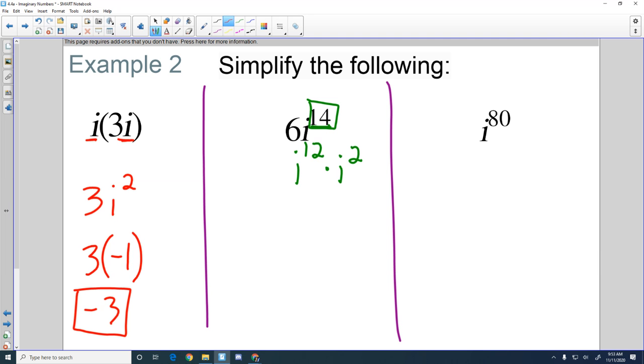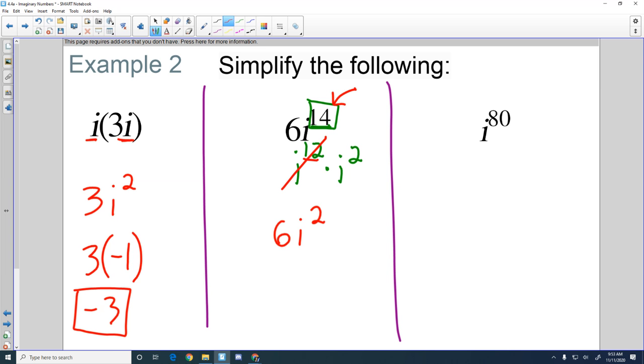Because I know that 12 is divisible by 4. That's I to the 4th times I to the 4th times I to the 4th. And I know that all those I to the 4ths just equal a positive 1, which means I'm essentially able to cancel out this I to the 12th. And what we're left with is simply 6I squared.